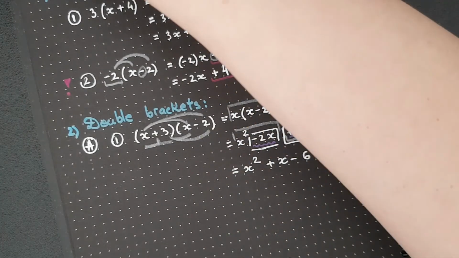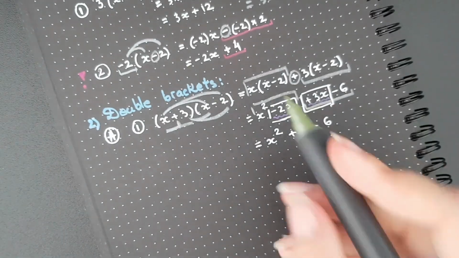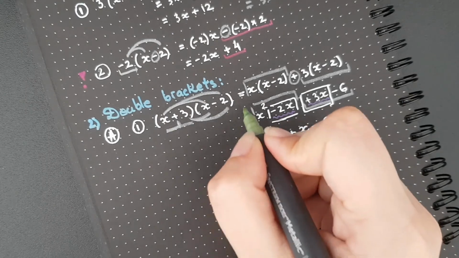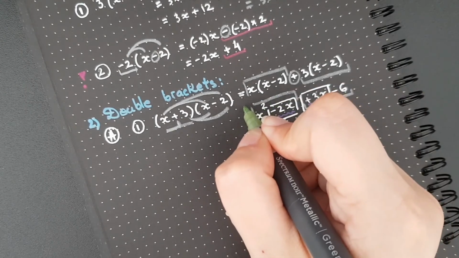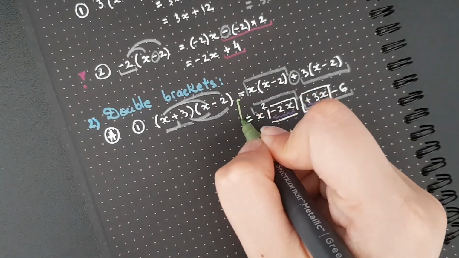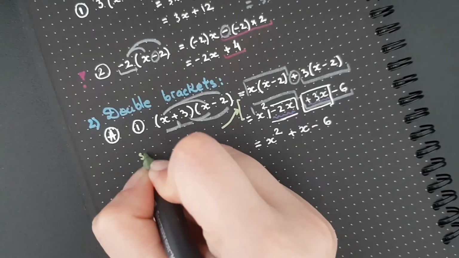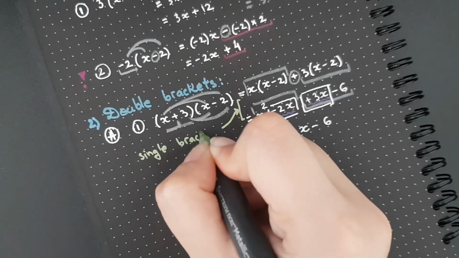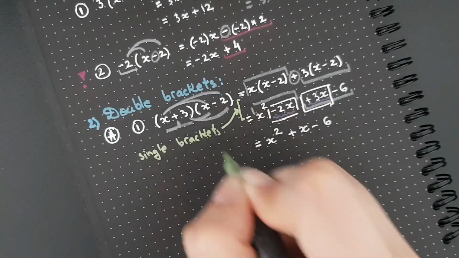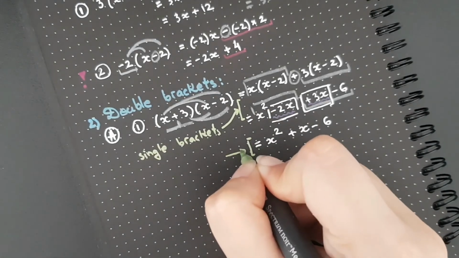Now I'm just gonna make 2 little arrows over here. First thing first, I want to mention these 2 things here. They're just single brackets, and this bit here is the simplifying.